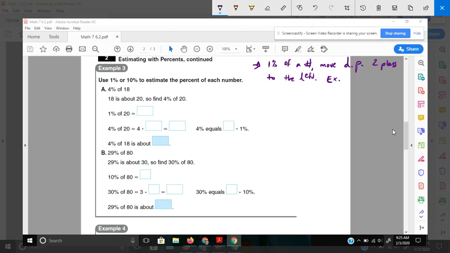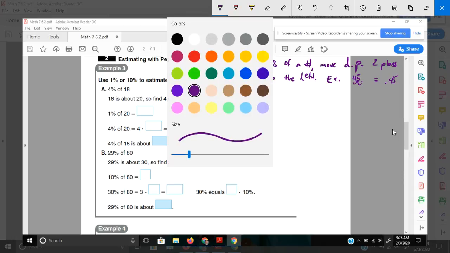If I had 45 as my number, 1% of 45 would be, I need to move my decimal 2 spots to the left, 0.45.